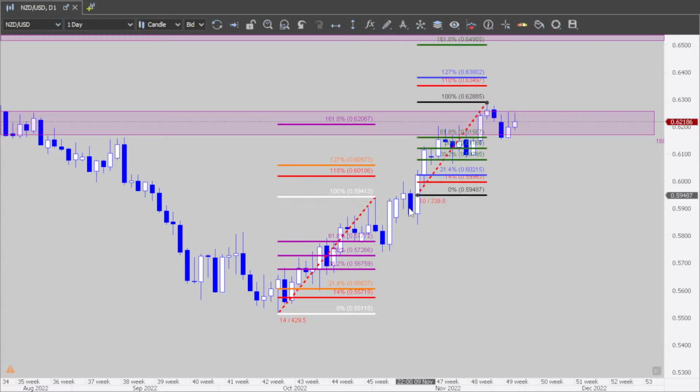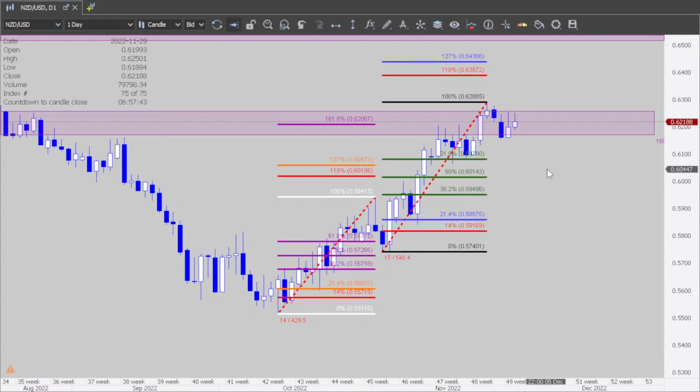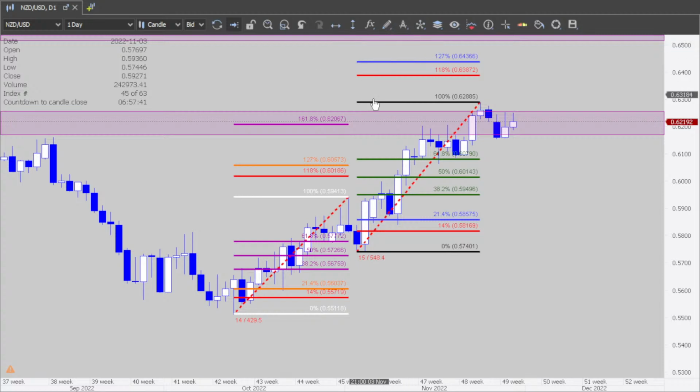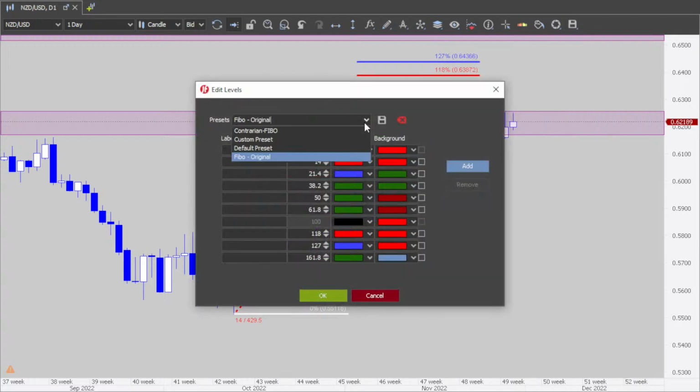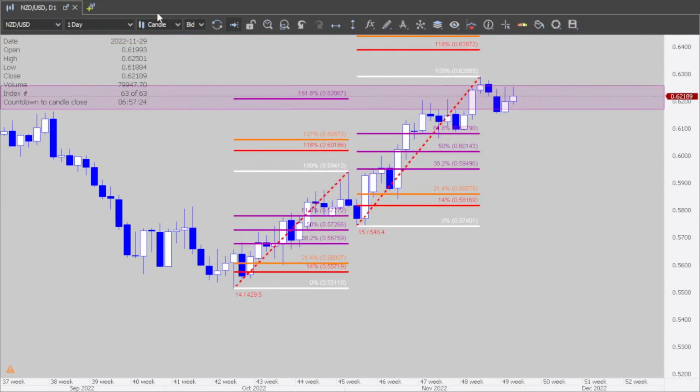Not sure about the high, I believe it's this one. Just give me a second, everybody. What is this high? 6205. So still, this is now the correct contrarian, edit levels, and there you go.